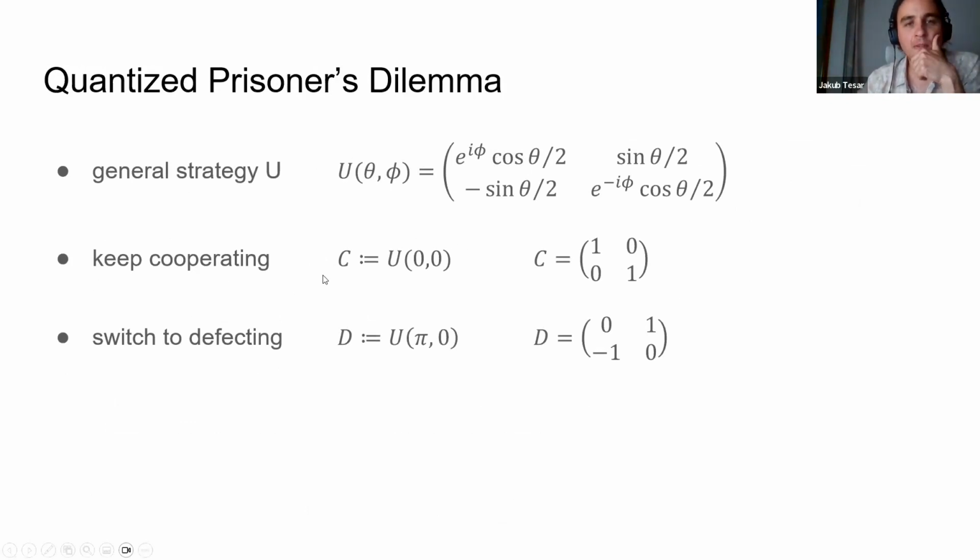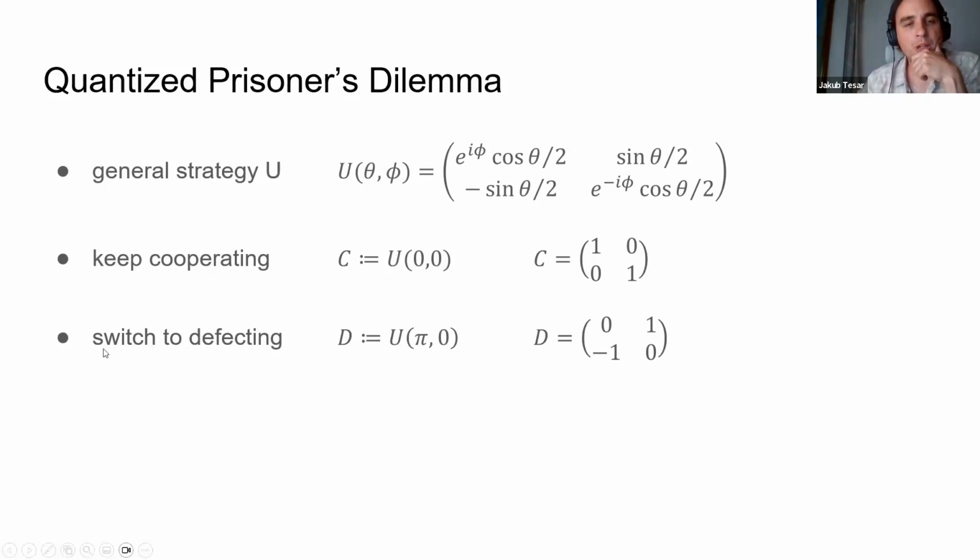So the strategy, if you want to keep cooperating, then you will apply this U, where you take theta as 0 and phi as 0, and you will get the identity matrix. We will not change the vector that you manipulate.